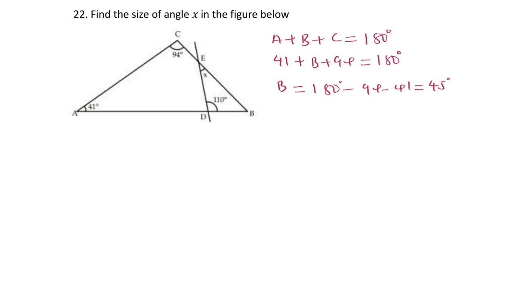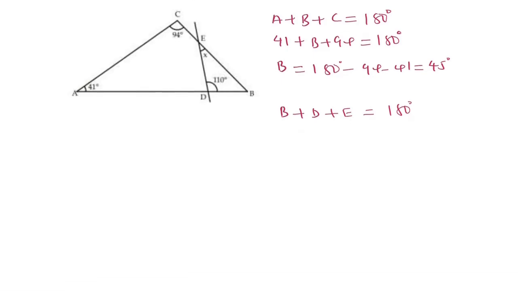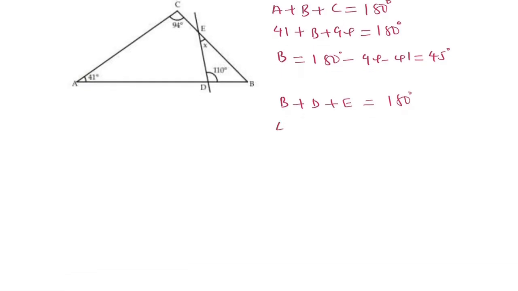Okay, so next, let us consider this triangle DBE. Then using the same concept above, we say that B plus D plus E equals 180 degrees. Again, let us substitute the values. So here we are going to have 45 plus 110 plus x equals 180.